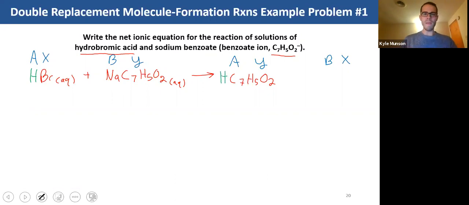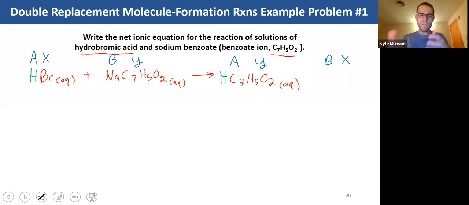That hydrogen is the proton that came from the strong acid. And because the benzoate ion took that proton, it's now going to be an acid. So we're going to consider this an acid, and it's going to be aqueous. That's why I highlighted that proton.